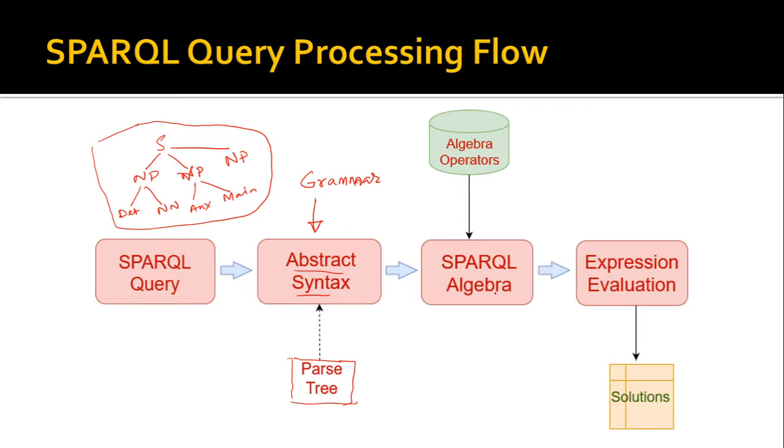And what is the motivation behind having this algebraic form? So that you can evaluate the algebraic expressions that you have in this algebraic form of the SPARQL query. And if you evaluate these expressions, finally we'll get a set of solutions, right? So this is a very bird's eye view of the processing flow of a SPARQL query.